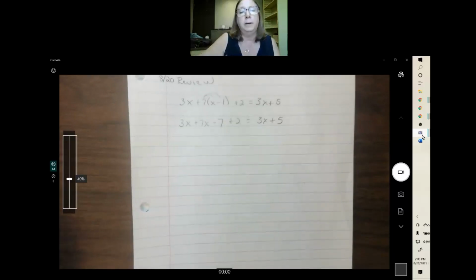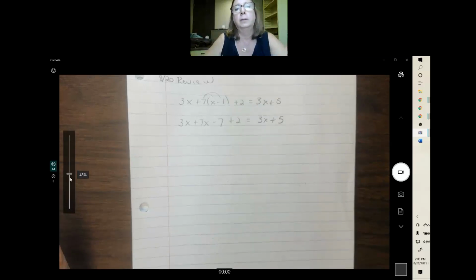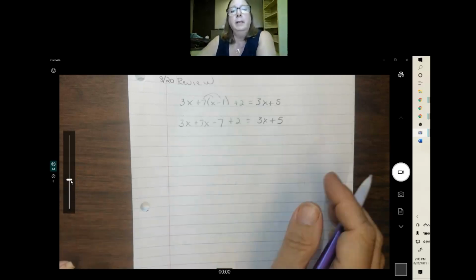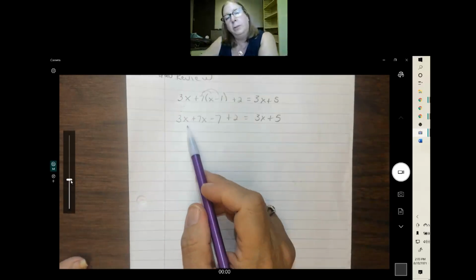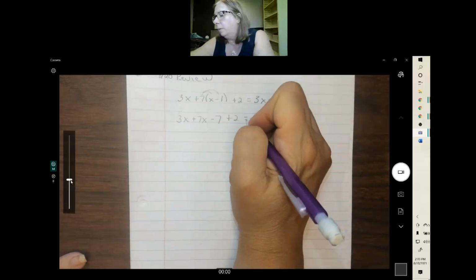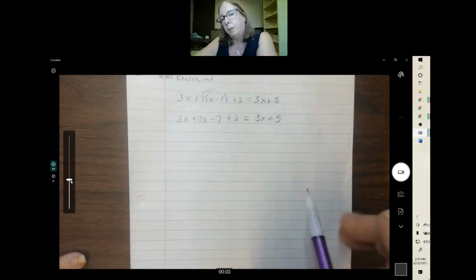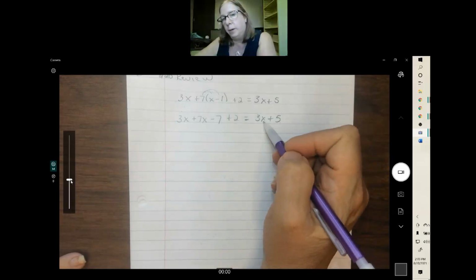So if you can simplify or get rid of parentheses, you want to do that first. Then if there's any like terms on either side that you can combine, you want to do that. So keep everything on one side or the other and combine like terms. Notice there's two terms here, but they're not like.